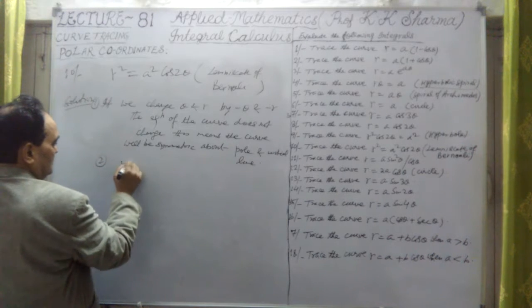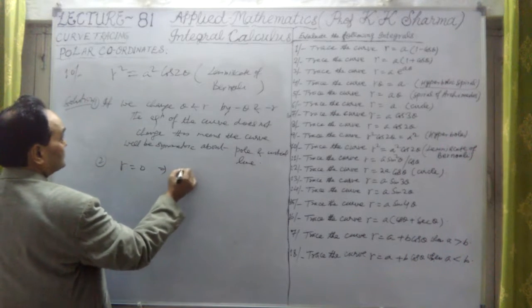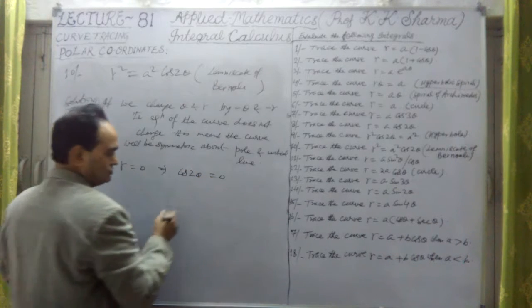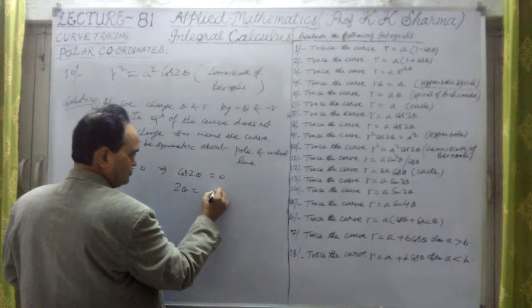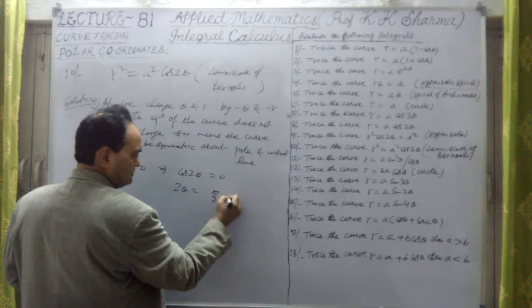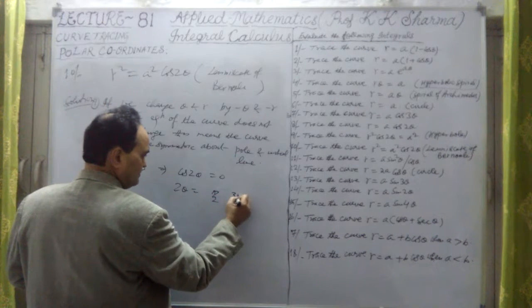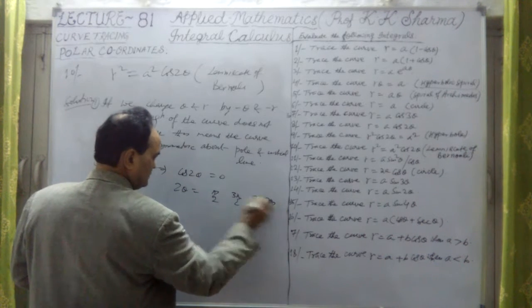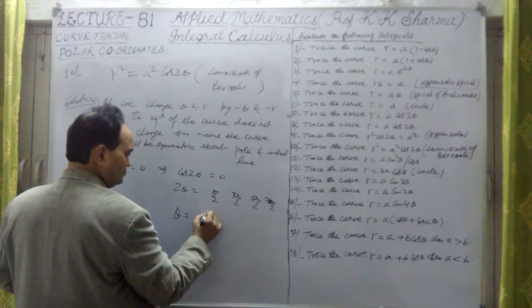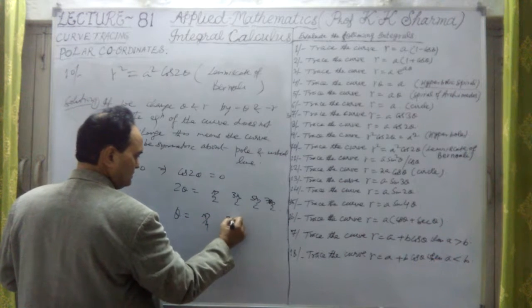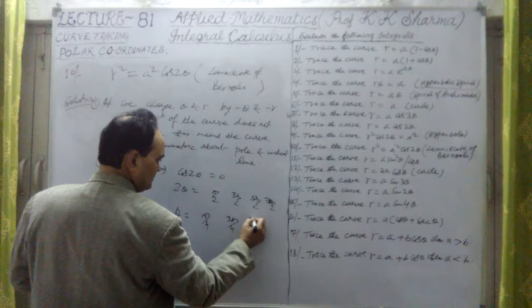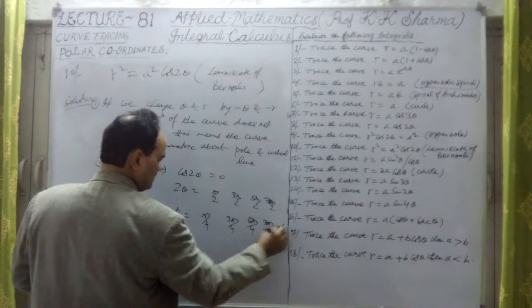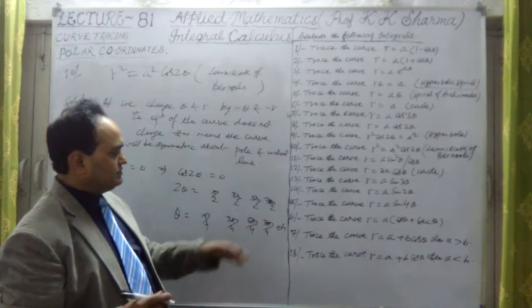Second point, r equal to 0 implies that cos 2 theta is equal to 0, and 2 theta equal to pi by 2, 3 pi by 2, 5 pi by 2, 7 pi by 2, etc. That means theta equal to pi by 4, 3 pi by 4, 5 pi by 4, 7 pi by 4, etc. At these points, tangents will be there.